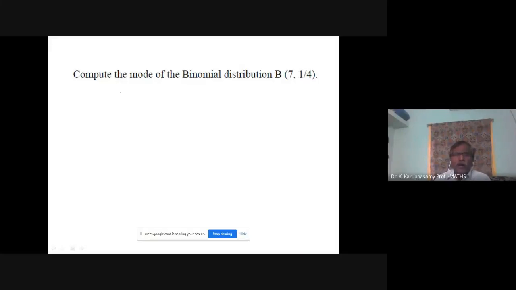Compute the mode of the binomial distribution. Here, find n plus 1 into p. N plus 1 is 7 plus 1, which is 8. 8 into 1 by 2 is equal to 4, an integer, a whole number.